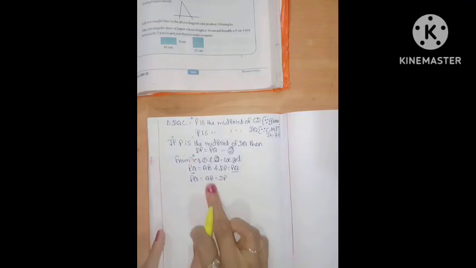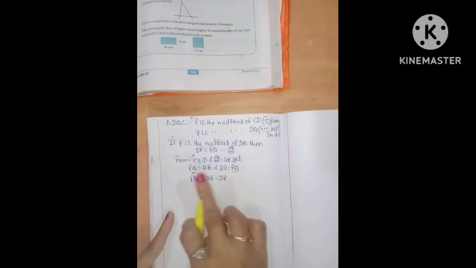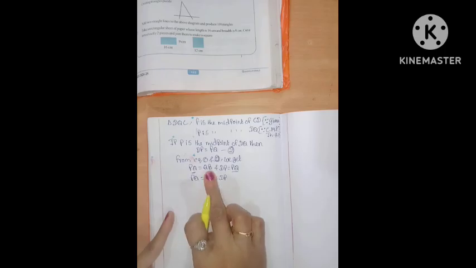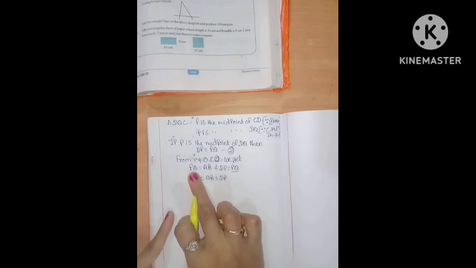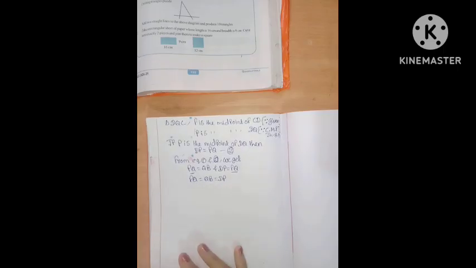Why is it equal? Are you understood? PQ equals DP, and PQ equals QB, so these three parts are equal.